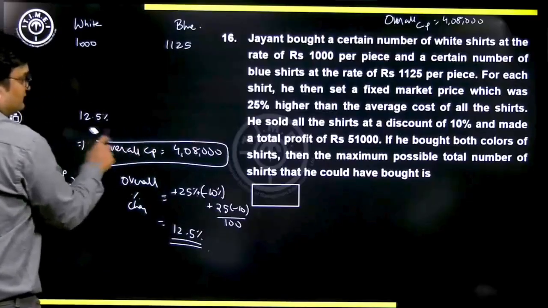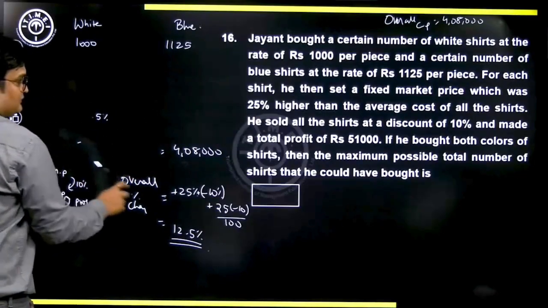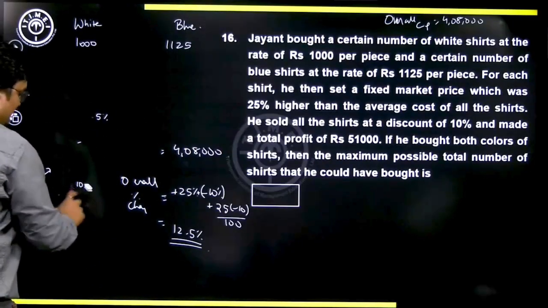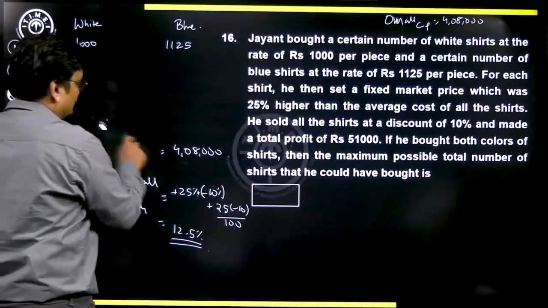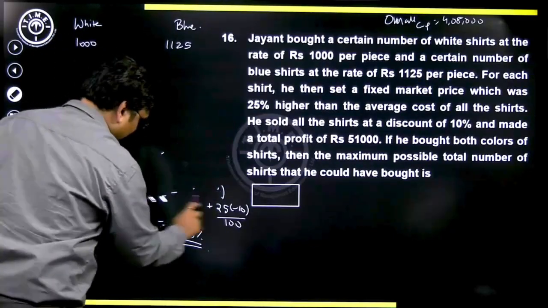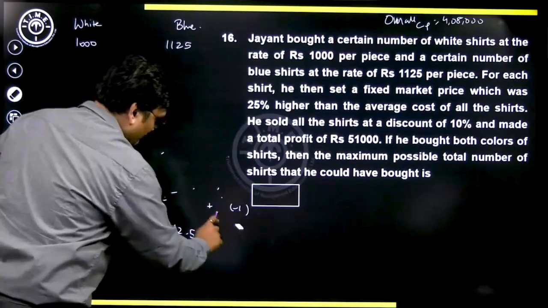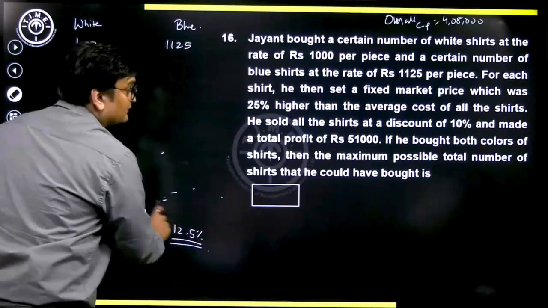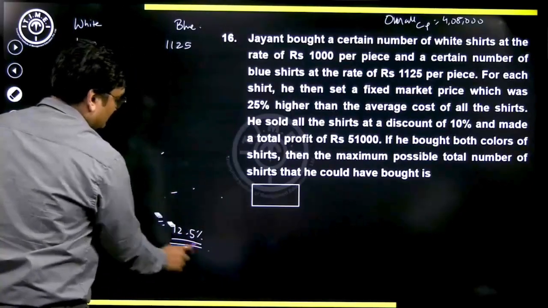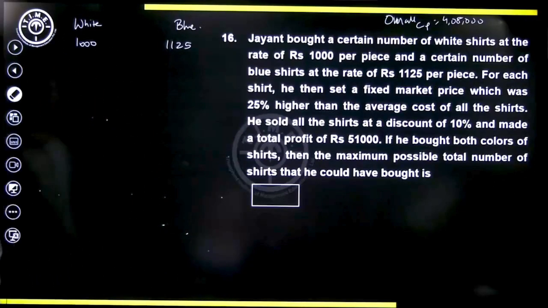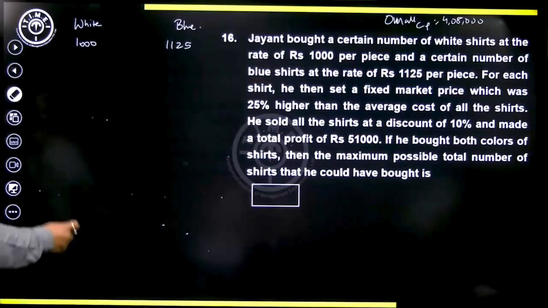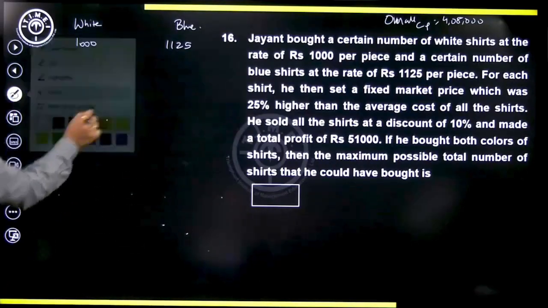If he bought both colors of shirt, that means at least one white and at least one blue. He cannot buy 0 shirts of any color. The maximum possible total number of shirts that he could have bought is, okay, let's go.